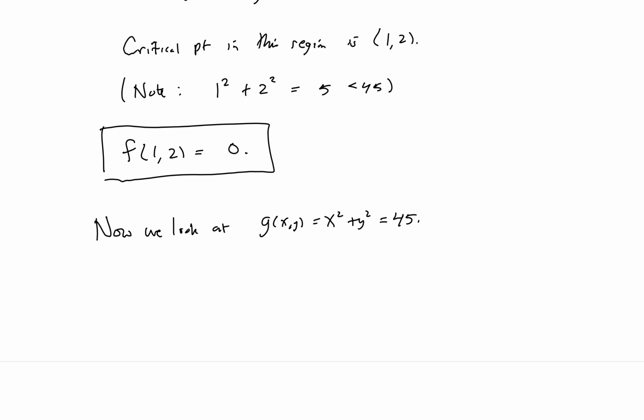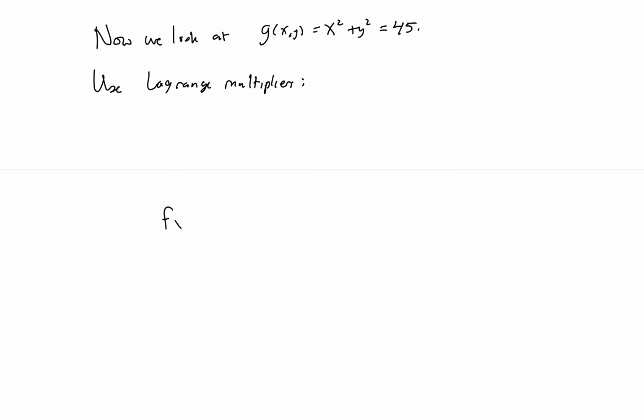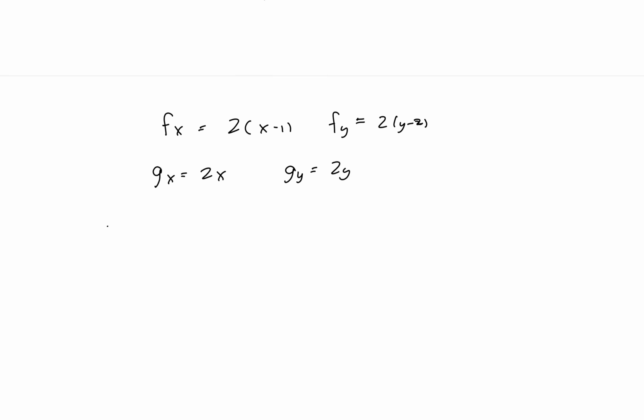So we use Lagrange multipliers. Remember, f_x is 2(x minus 1), f_y was 2(y minus 2), g_x is 2x, and g_y is 2y. So that means I want 2 times (x minus 1) to be 2 lambda x, and 2 times (y minus 2) to be 2 lambda y.